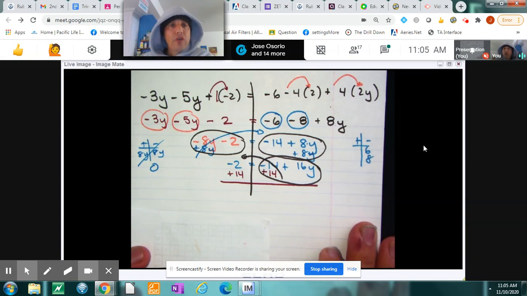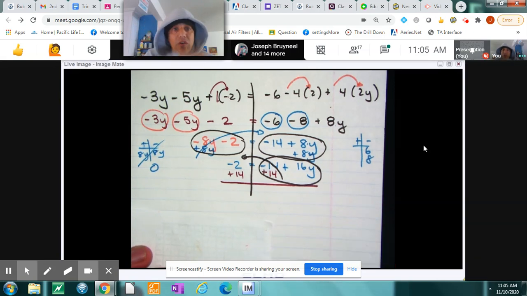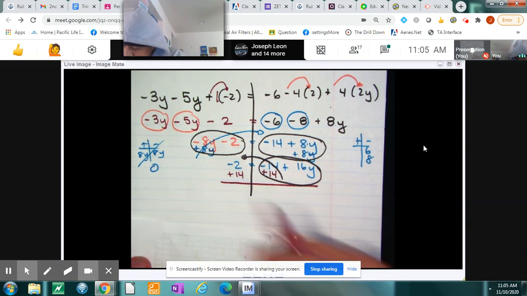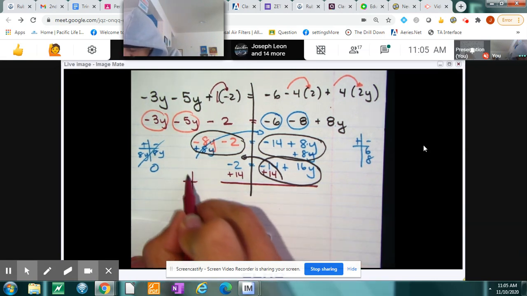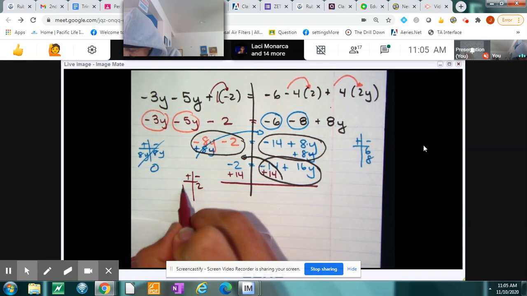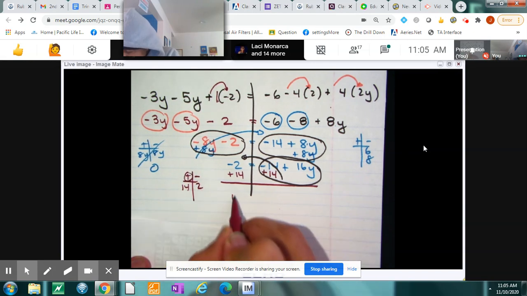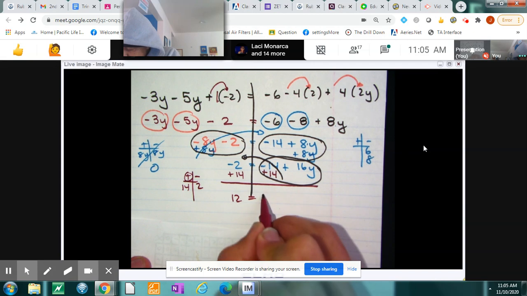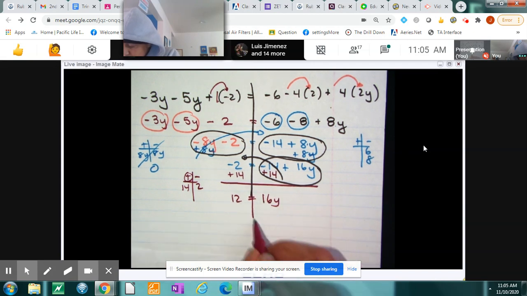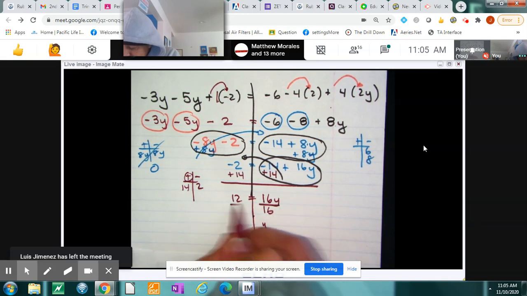Now you can see that you could do it different ways. So now what's this? Negative 2 plus 14, that's a 12, equals 16y. So now remember the y's on this side, divide by 16.